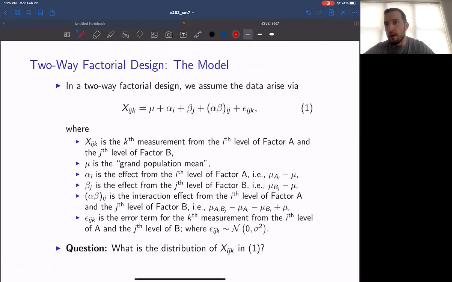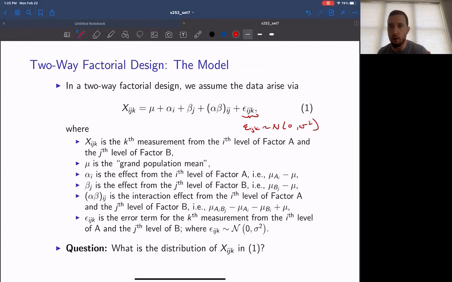With a two-way ANOVA, we are again saying that our response variables are a function of some normally distributed random variable, so we again have this epsilon term. The epsilon ijk is normally distributed with mean 0 and variance sigma squared. So we are assuming that every value in the experiment has the same variance.